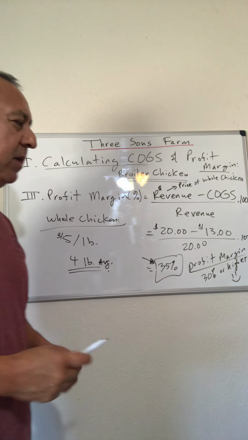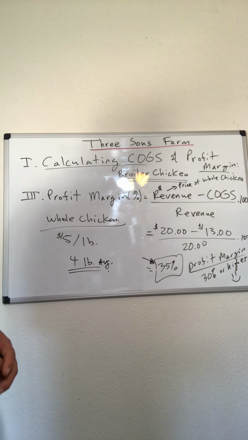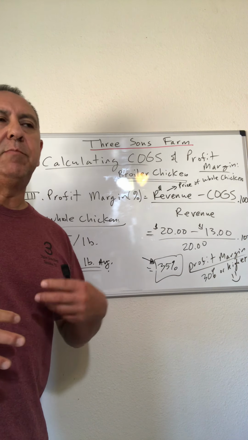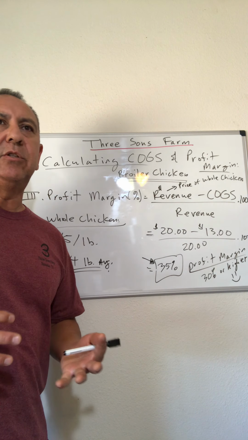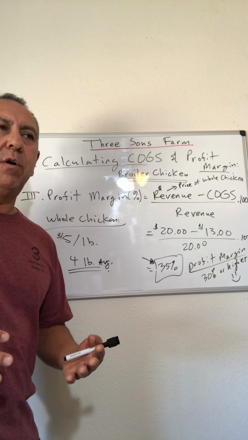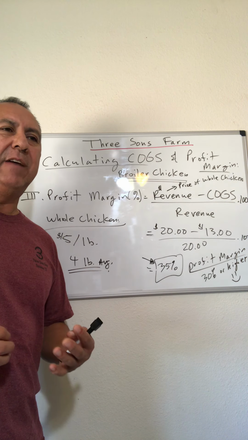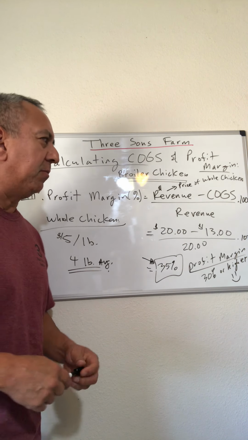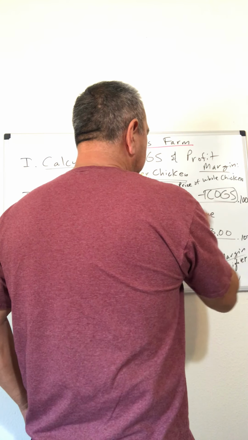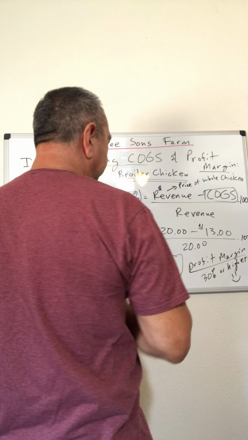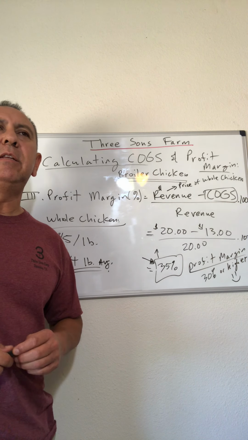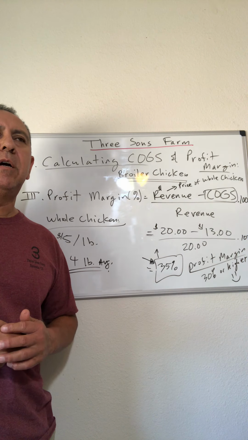Now, when I have it in a spreadsheet, I can just look at it and go, okay, maybe I can change my practices so that instead of taking 20 minutes to do the work for one chicken, I can cut that in half to 10. Oh, that lowers my labor. So anytime you can lower your COGS, you're going to increase this number. Or you go, well, what if I can get bulk feed now?